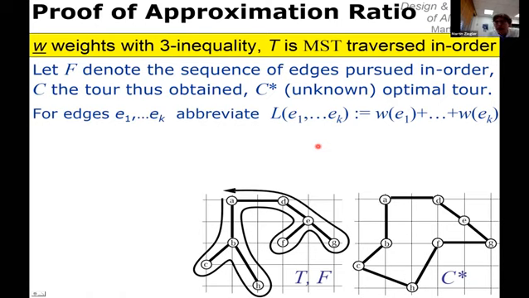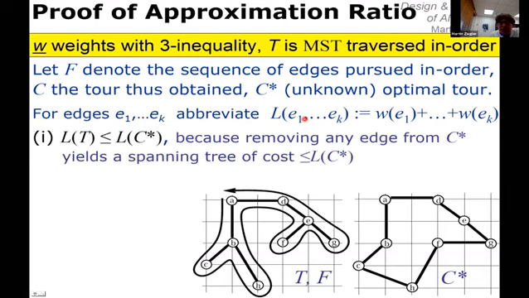We have edge weights, and we're carefully distinguishing here between sequences of edges and sets of edges, because as we just saw in the example of the set F, the set of edges traversed during the traversal, some edges occur twice, and in a set, of course, every edge can occur only once. So that's an important difference between a set and a sequence of edges. In a sequence of edges, edges can occur twice, and we need to use that here in our analysis.